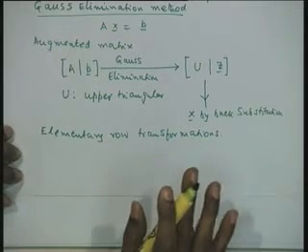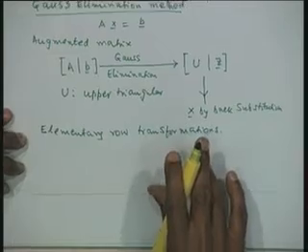Now, let us describe what an elementary row transformation is. It is a transformation which you already know, that from any given row of a matrix I can add or subtract a constant multiple of another row.